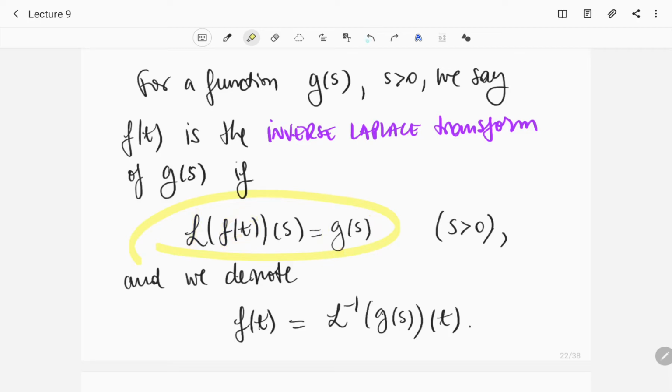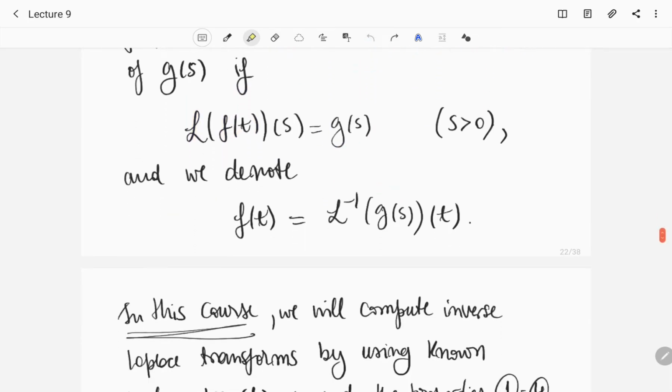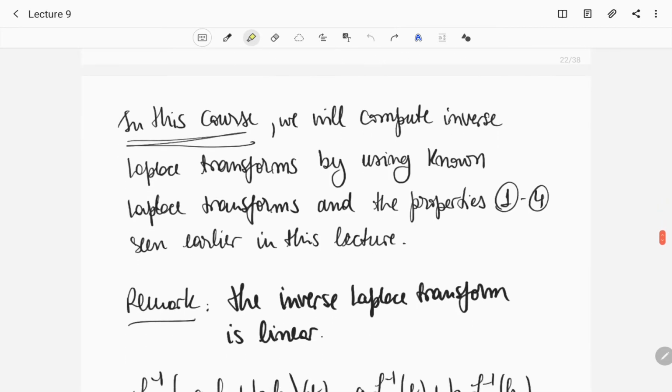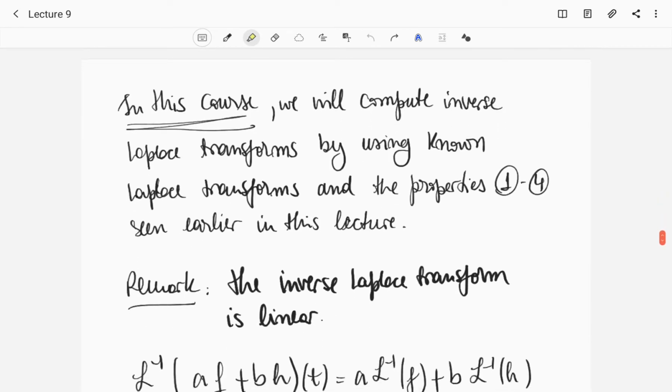In this course we will compute inverse Laplace transforms by using known Laplace transforms and the properties that we saw in the second part of the lecture, from 1 to 4, that we can briefly mention. Linearity was the first one.